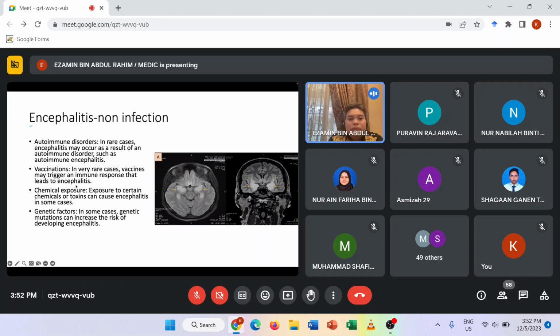Sometimes autoimmune can also cause encephalitis. Encephalitis just swells up, but there is not much vasogenic edema or cytotoxic edema. It is just inflammation, but it will regress back. Alright.